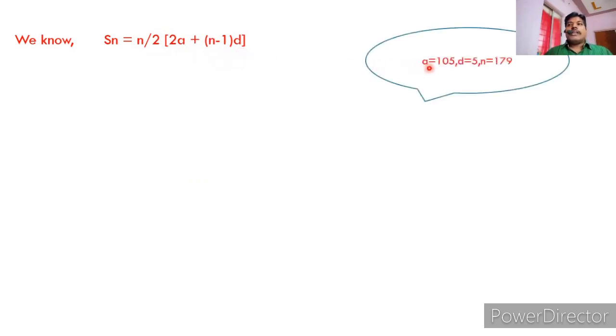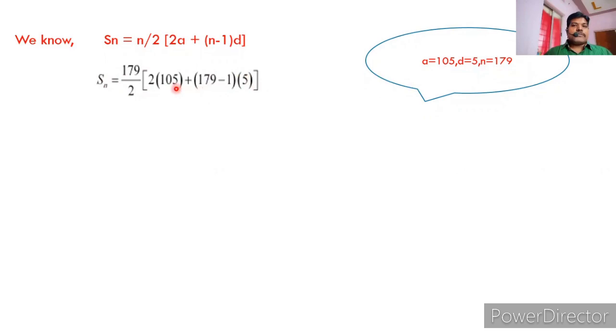So already you know the values. A value is 105, the D value is 5 and the N value is 179. So we can substitute all these values in this formula. So Sn is equal to the N value, 179, by 2 into 2 into the A value 105, plus the N value 179 minus 1 into the D value 5.